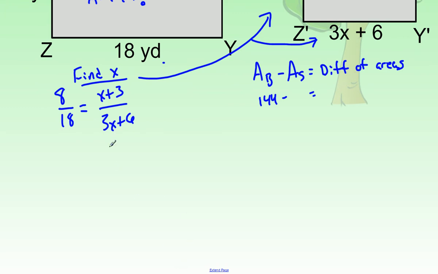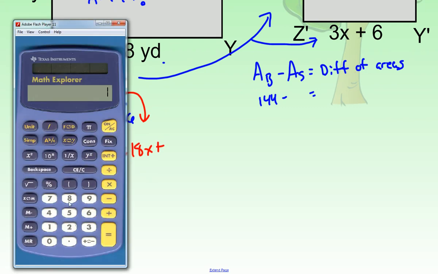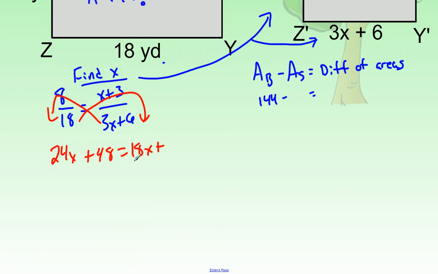Okay, let's cross multiply. This times this gives me 24x plus 48. 18 times that gives me 18x plus 18 times 3, 54. Okay, there are my two sides.